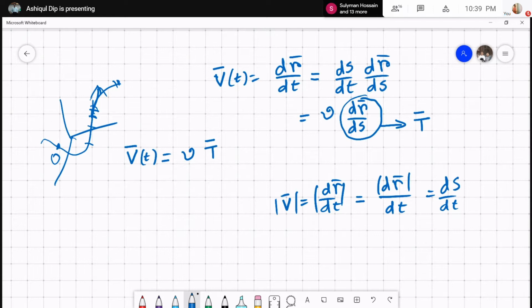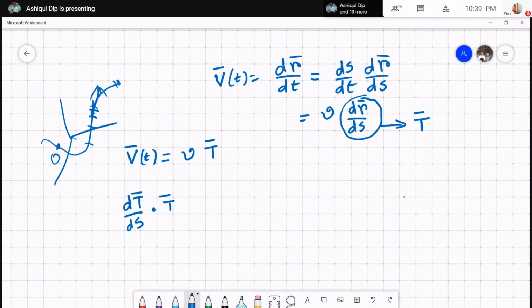Let's prove another interesting thing: if you take the derivative of t with respect to s, that is normal to t.